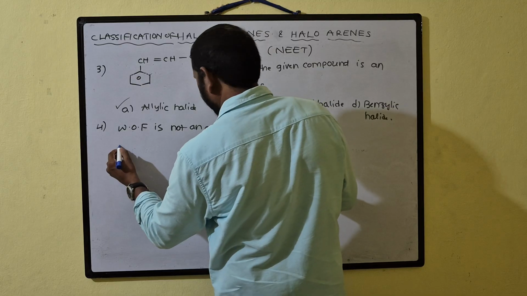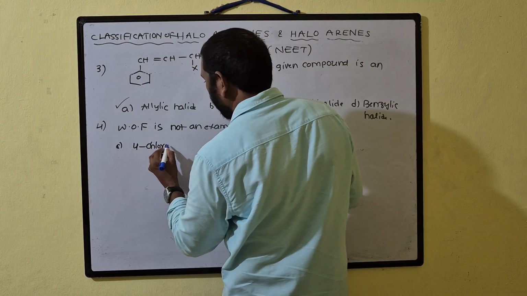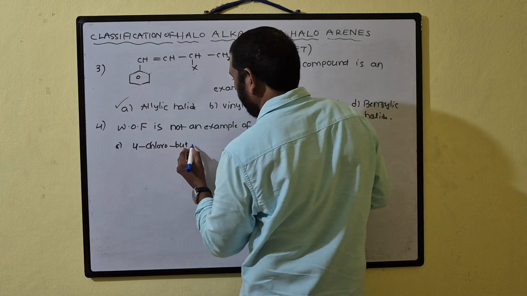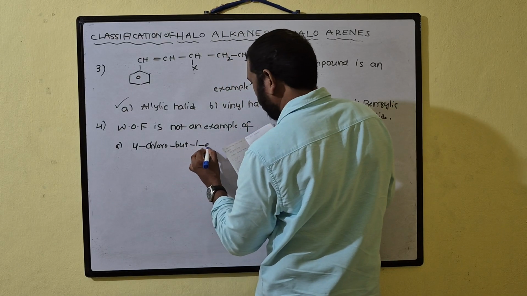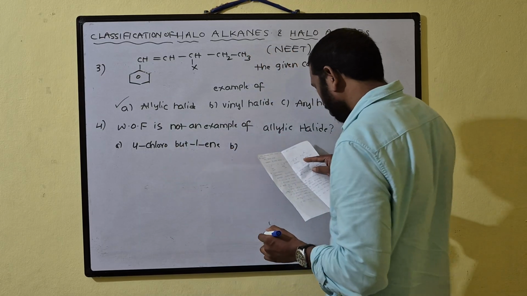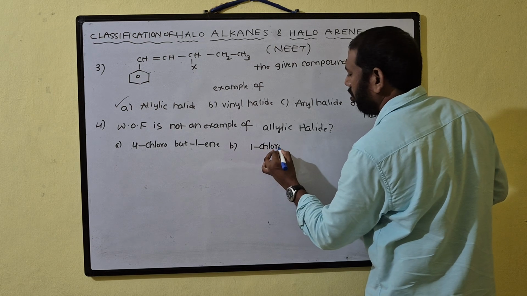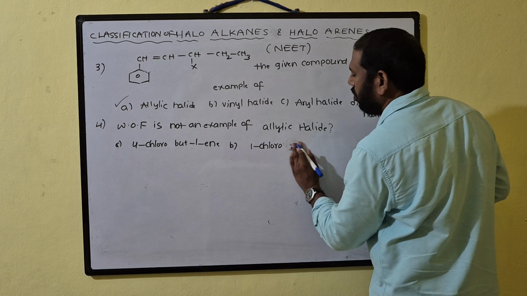Options given: option A, 4-chloro but-1-ene; option B, 1-chloro but-2-ene.